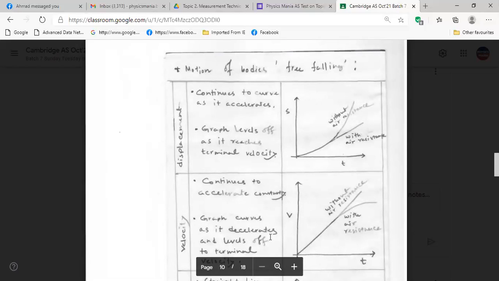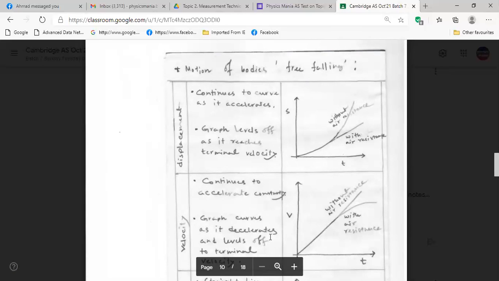You told already that if the object is falling with air resistance, the object will be slower, right? You meant that the acceleration will decrease, right? Yes, sir. Yeah, that one you meant. So acceleration decreases, and at one point acceleration will be zero.